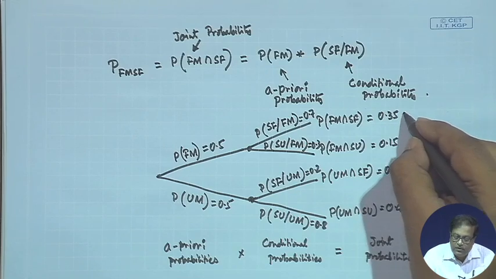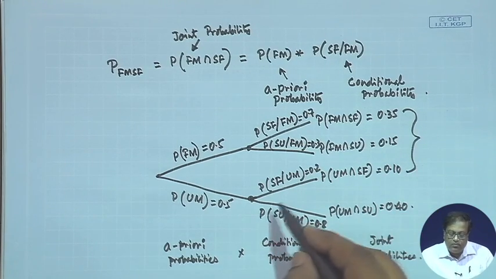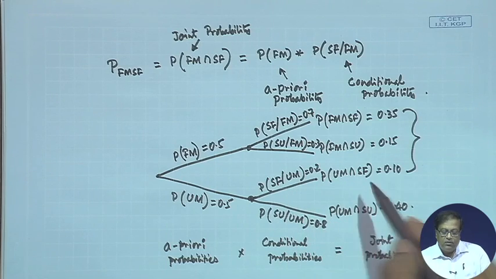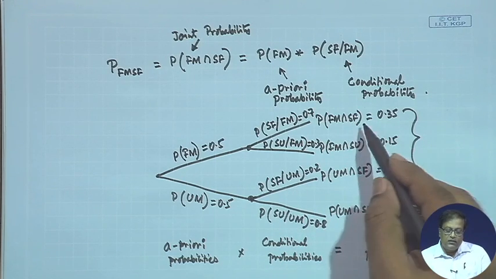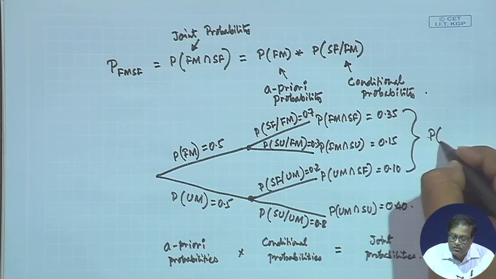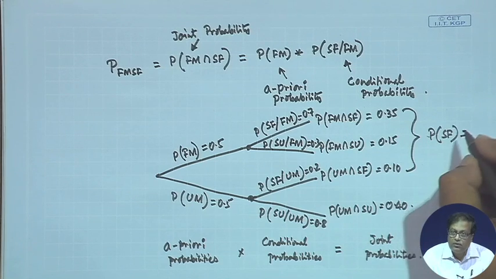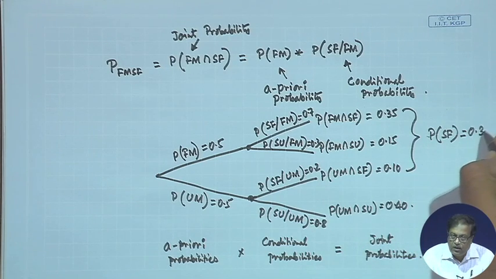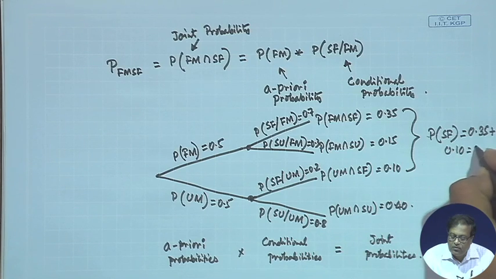Now, if these two are added, because in both cases we have what is known as the SF condition, survey favorable condition, then we get P(SF), which is equal to 0.35 plus 0.10 equal to 0.45.